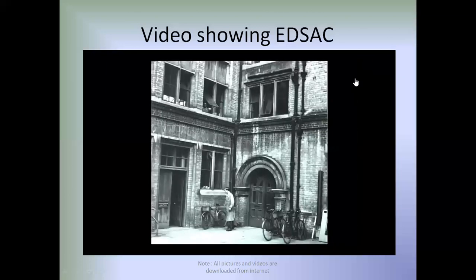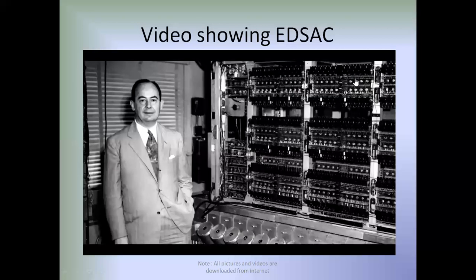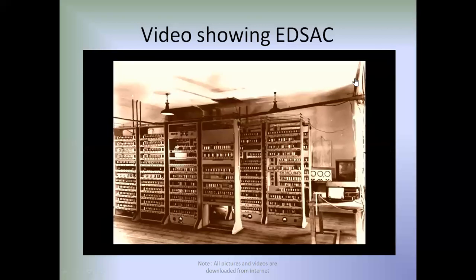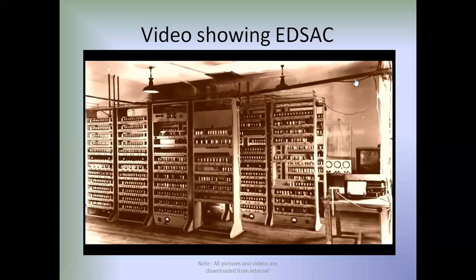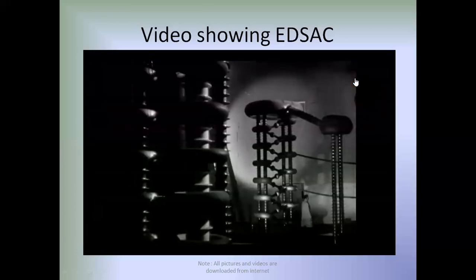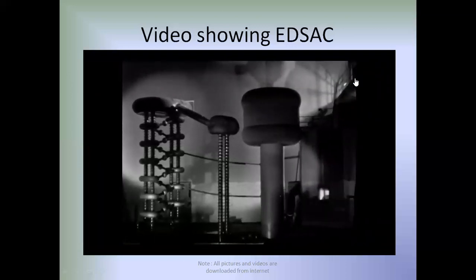In the university's mathematical laboratory, Maurice Wilkes and his team, inspired by John von Neumann in the USA, built this, the world's first practical electronic digital computer of the modern kind. A computer that helped win several Nobel Prizes and pioneered computing in Britain.